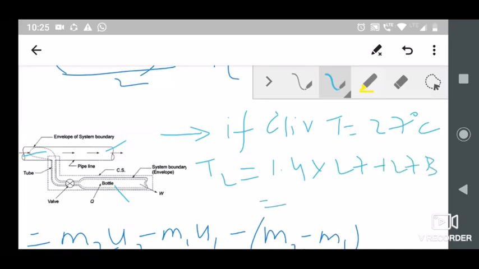That becomes T2 as 420, which is equal to 147 degrees centigrade. So you have a rise in temperature, where initially the temperature is 27, and the final temperature is 147 degrees centigrade.